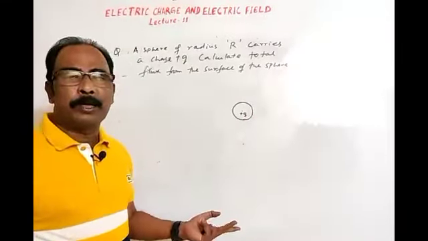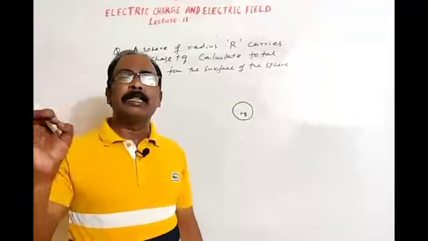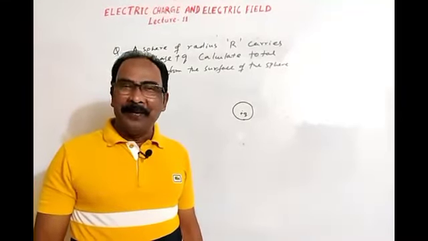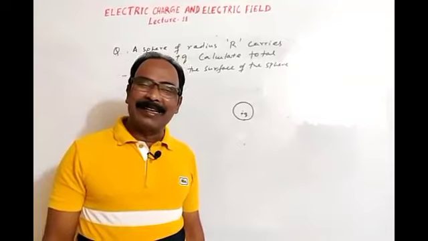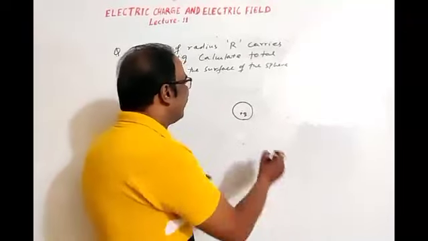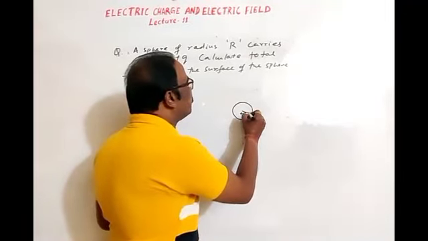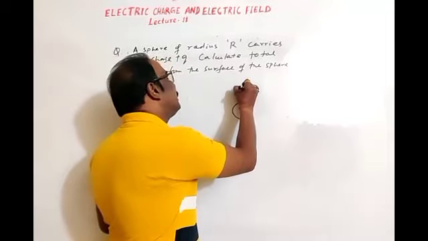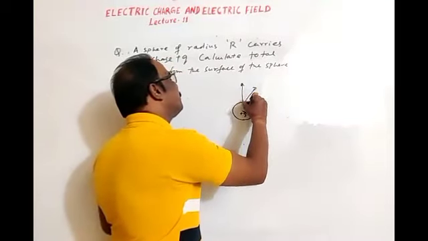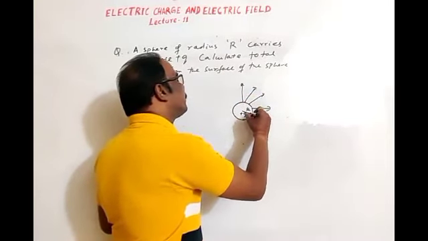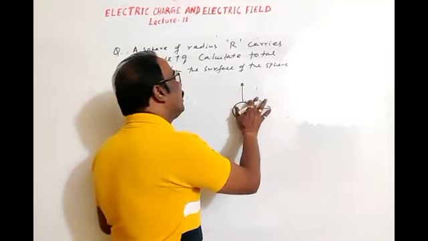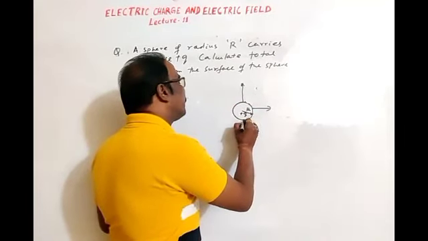This may also be mentioned in the question. We may assume the total charge is concentrated at the center of the sphere and the radius of the sphere is capital R. Then these are electric field lines from the surface of the sphere in all directions, symmetrically we may take.